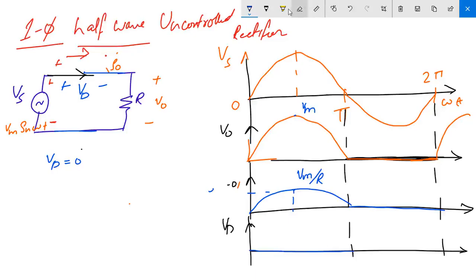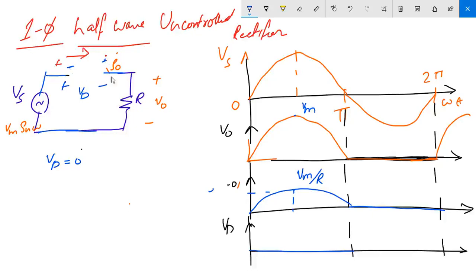Now, when the SCR is reverse biased, it is not going to conduct. So SCR is reverse biased. This is minus, this is plus.